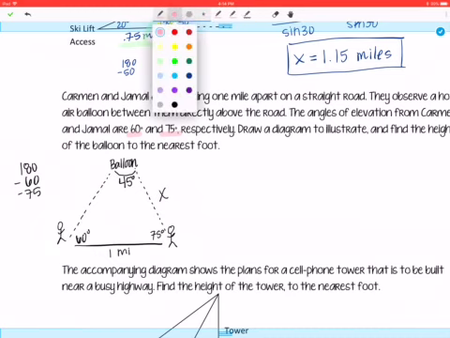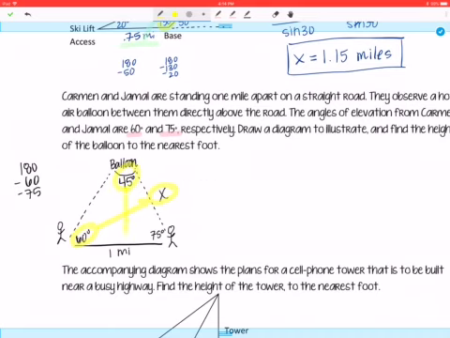We have enough information here to make a pair. 60 and X would go together. 45 and 1 mile would go together. All right, so my first step would be to do law of sines using what I have so far.